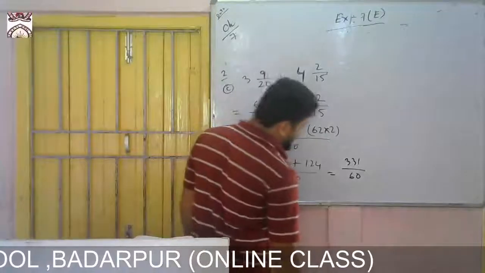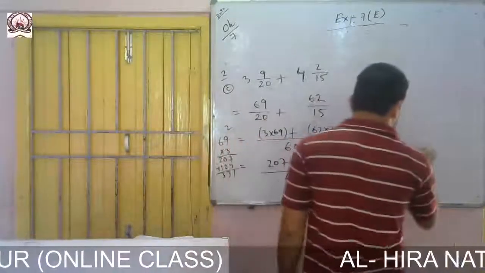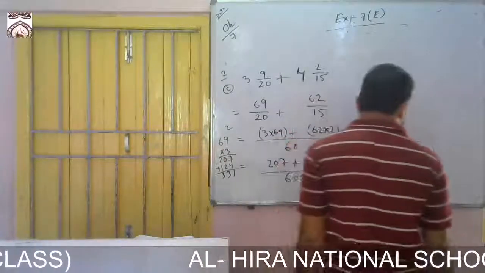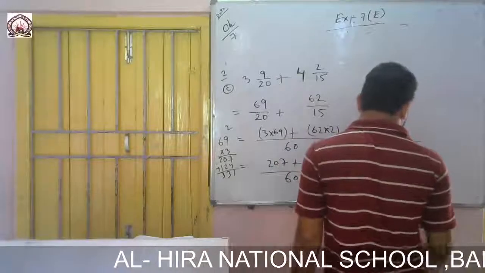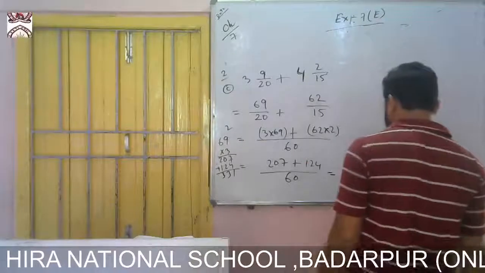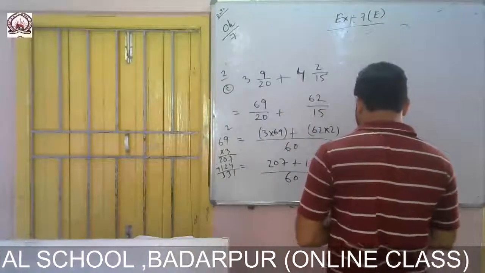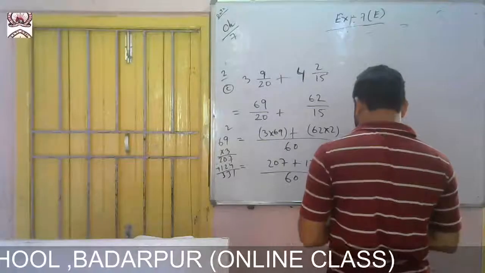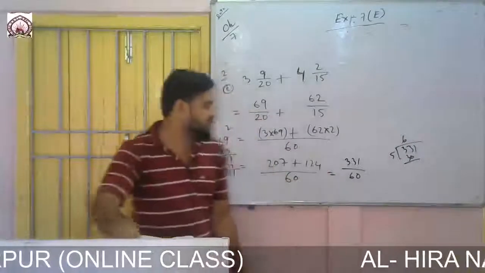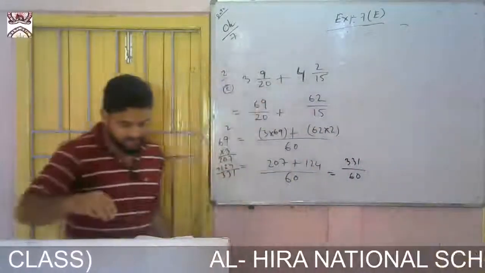Let us check with 5. 331 with 5. 5 6s are 30. Just you take this answer into mixed fraction, then you will get the answer.